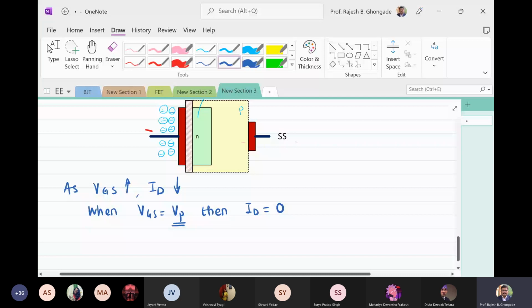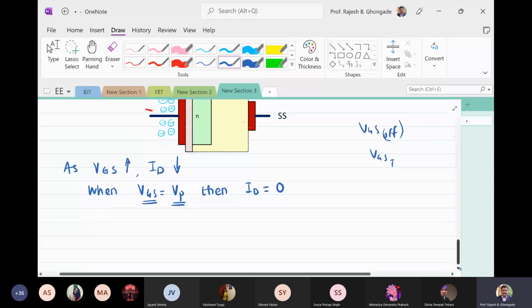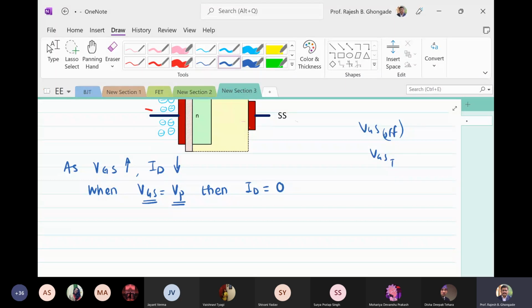So in fact it is some negative voltage. We call it VGS(off), and VGS threshold, VGST. Okay, this is given in the data sheet. We don't say VP in MOSFET, but to make your understanding of the transition from JFET to MOSFET easier, I'm using these terminologies.